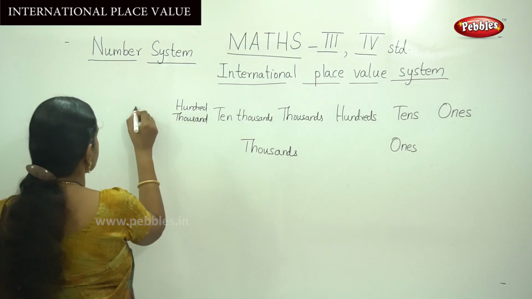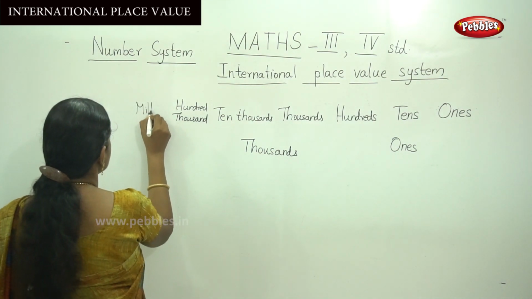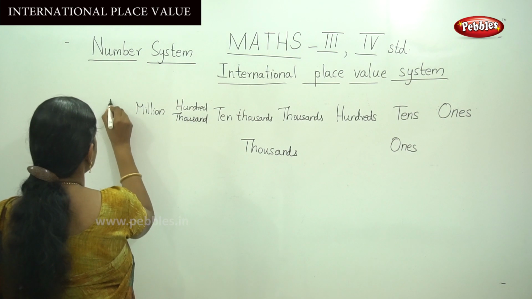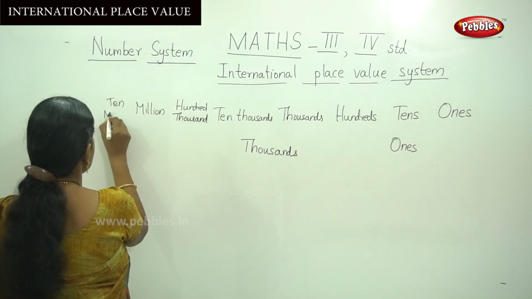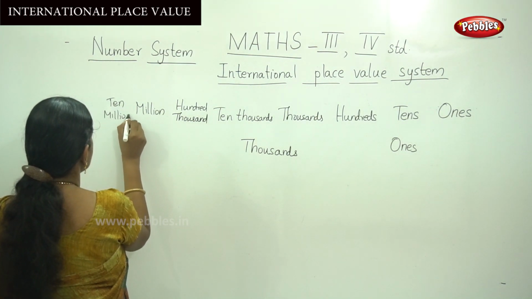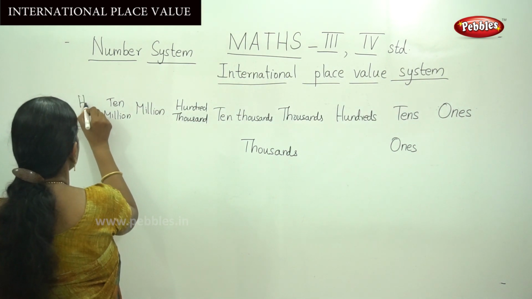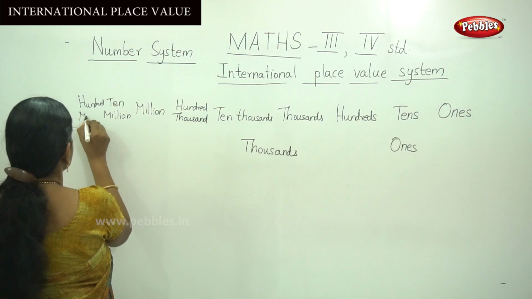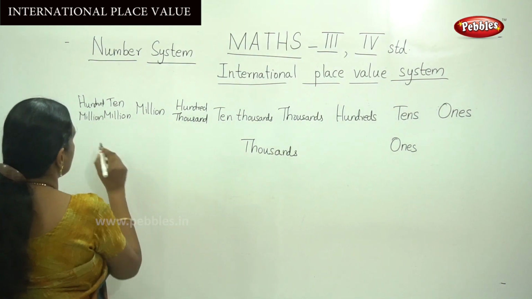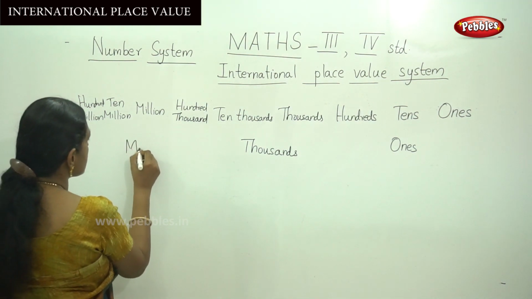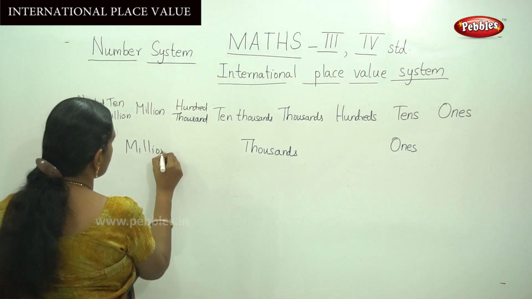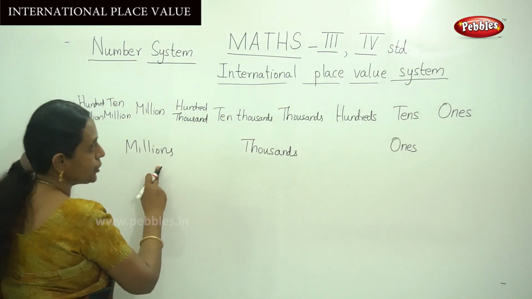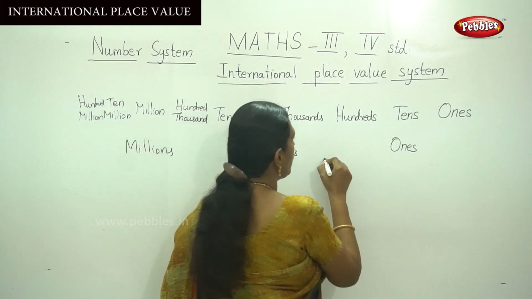That is million, 10 million and 100 million. This is the millions period. This is our new international place value column.